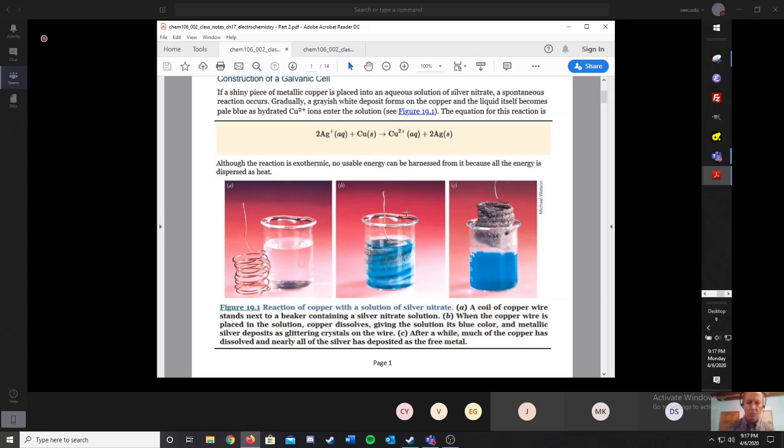The copper was in the wire to start with, and afterwards it's in solution. Initially, the silver was in solution, and afterwards it's on the wire as a solid. So that's why in the first chem class, they called this single replacement, because it's really just the two metals trading places.